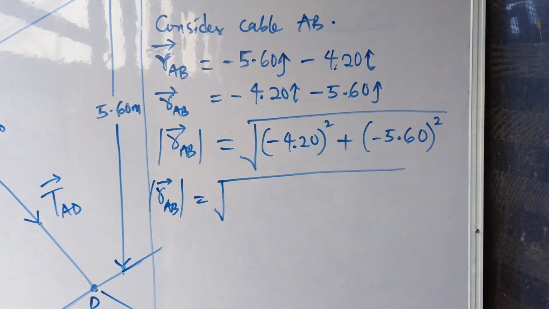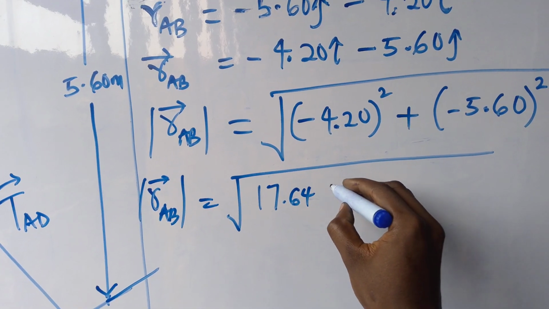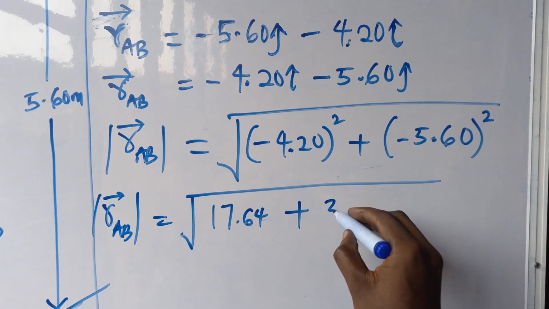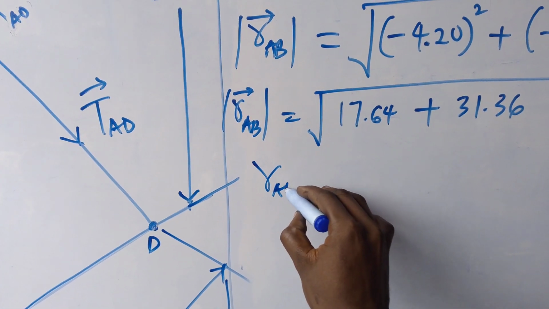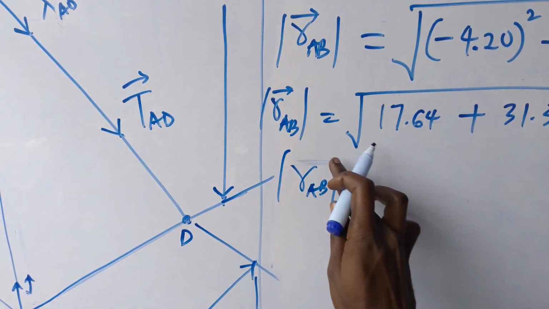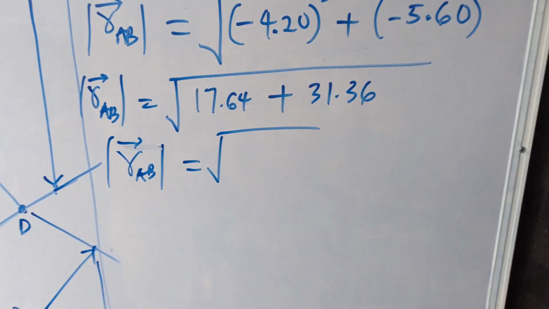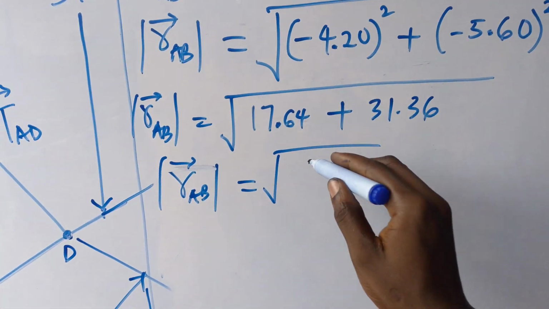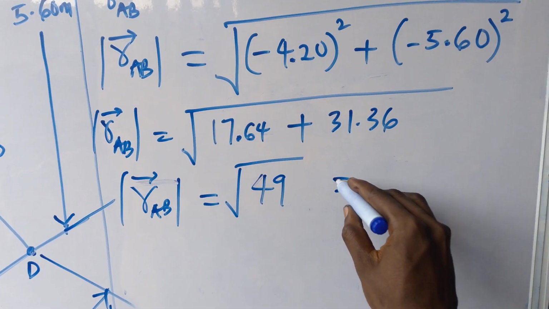The square of the first is 17.64, plus the square of the other, which gives me 31.36. If I add them, I have the modulus RAB as the square root of 49, which is 7.